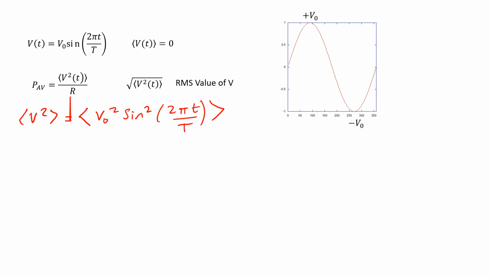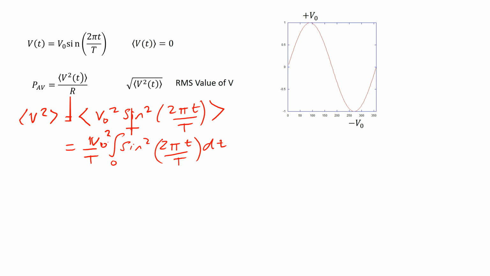We must integrate this quantity over a period and divide by the time of a period. And I should probably put a V0 squared here.